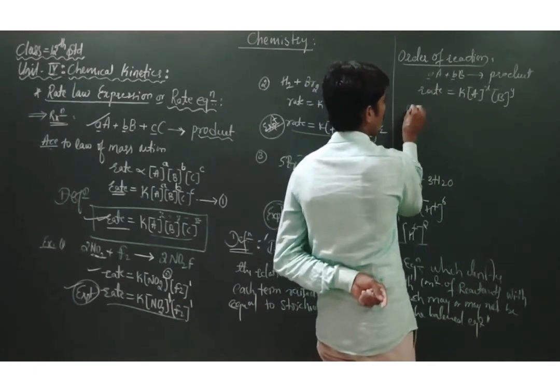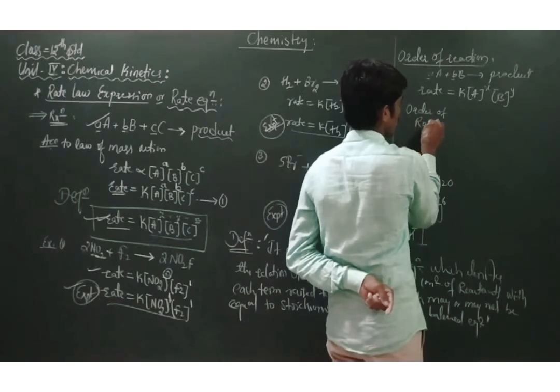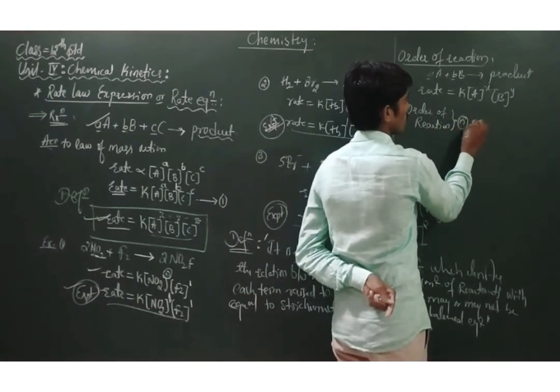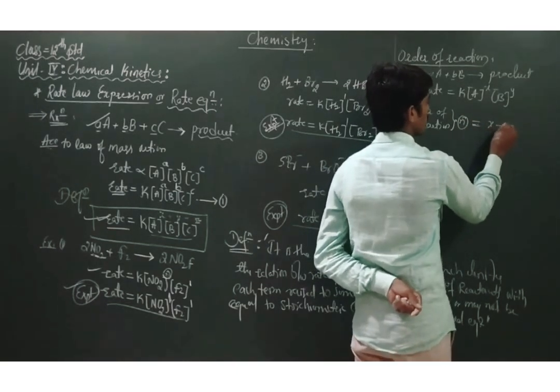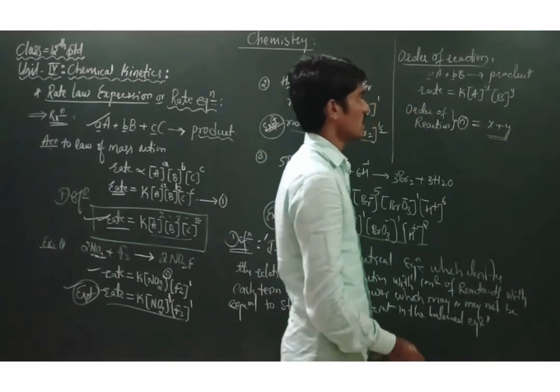So here order of reaction, n, it is represented by n. Order of reaction is given by x plus y. x plus y is nothing but the order of reaction.